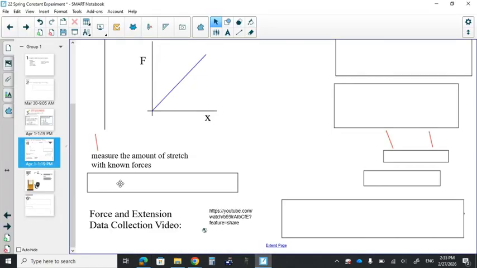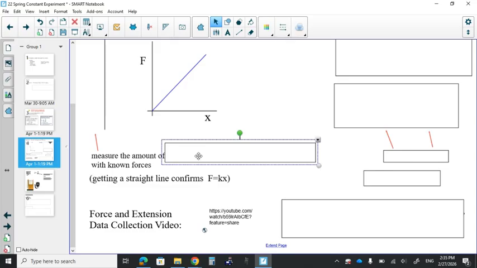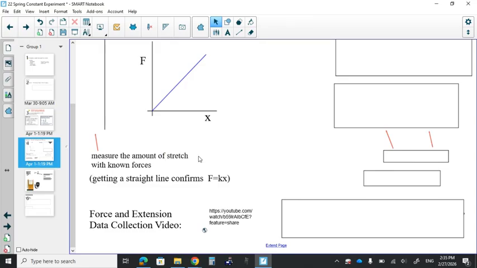And so obviously, if you get that straight line, that's confirming Hooke's law. But then, of course, I also need to get the smartboard going here. I was going to draw on the smartboard, but I can do it this way.